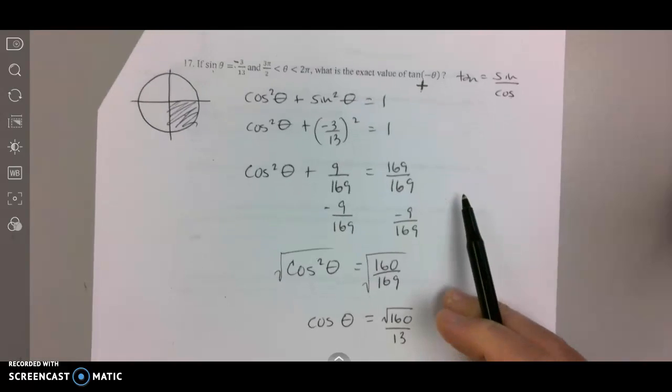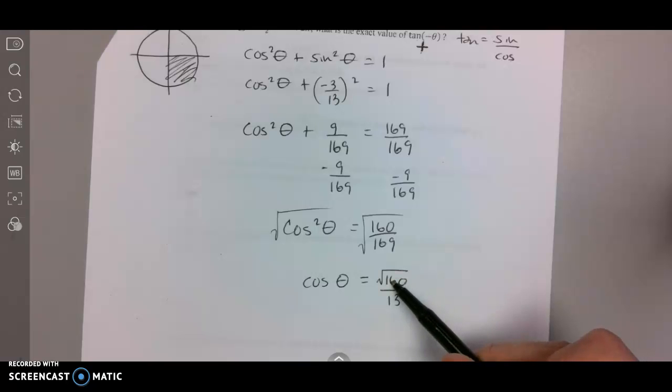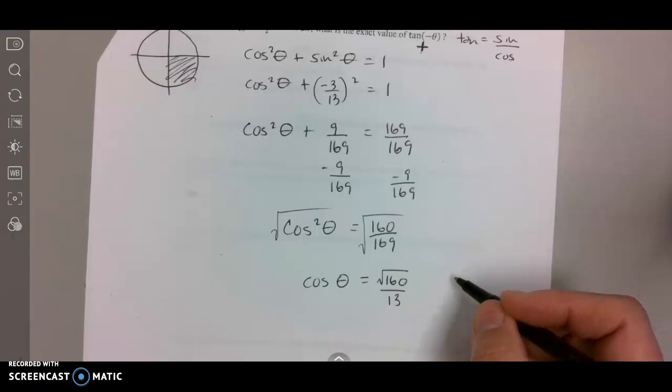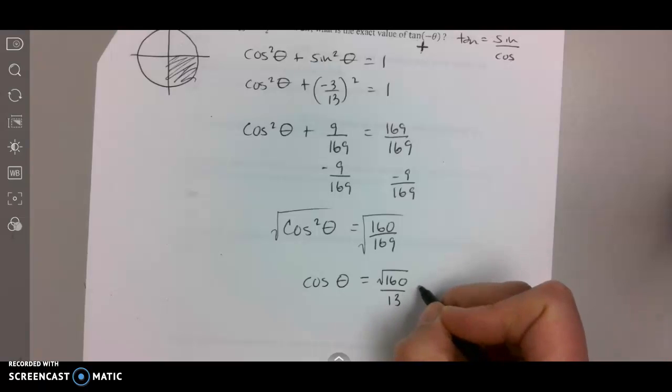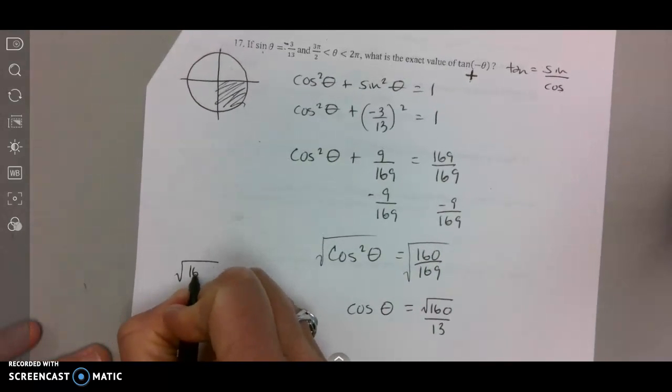This can be reduced. I recognize right away that 160 has a perfect square. It can be divided by 100. It can also be divided by 4. So I need to find the largest perfect square in it. I'm going to do the reducing of 160 over here.